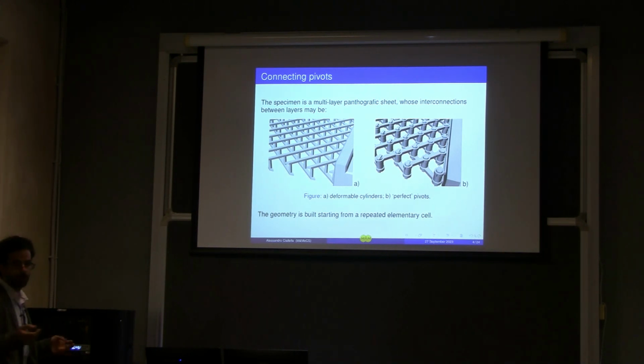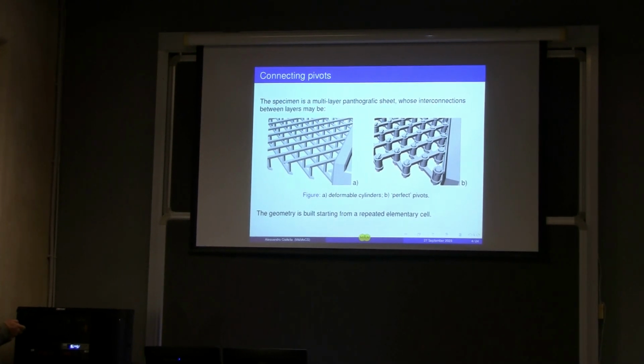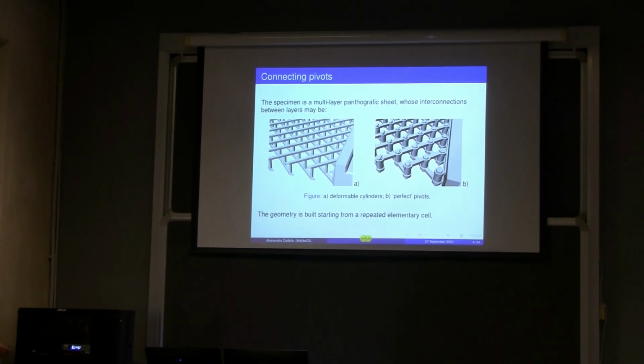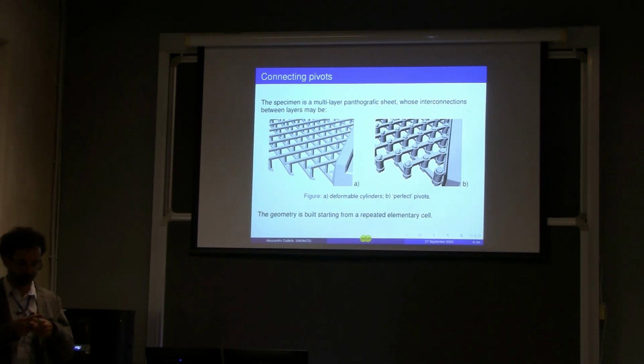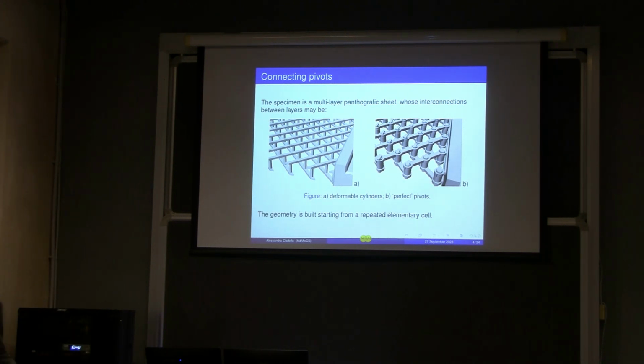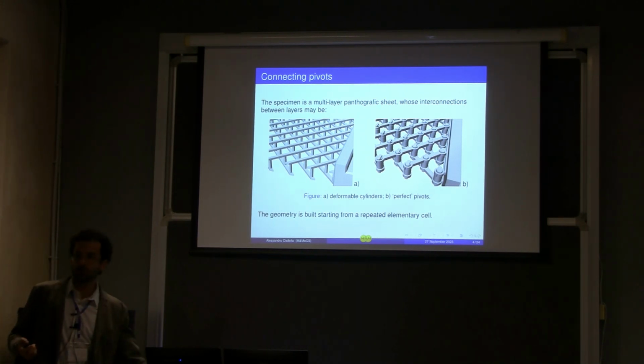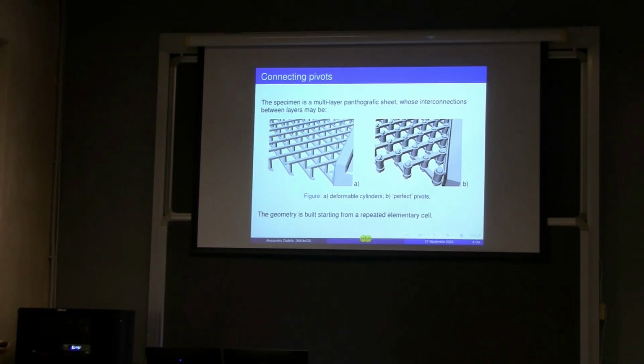And we will consider two cases. One is in the picture on the left. We have elastic deformable cylinders acting as pivots, and on the right we have perfect hinges that allow the change of angle between beams with, in principle, no cost in deformation energy.